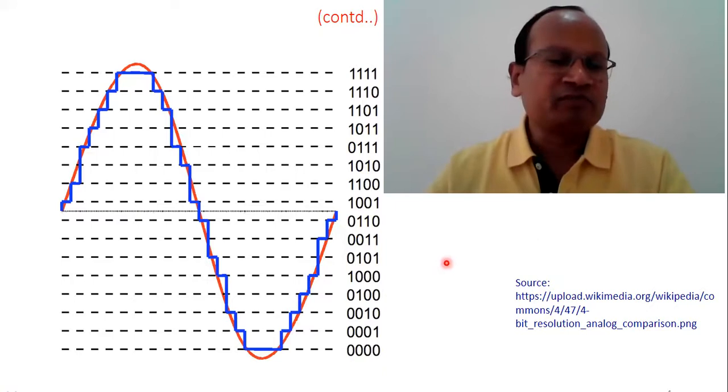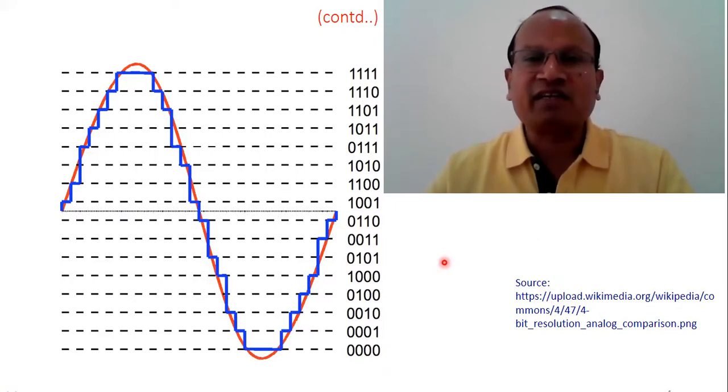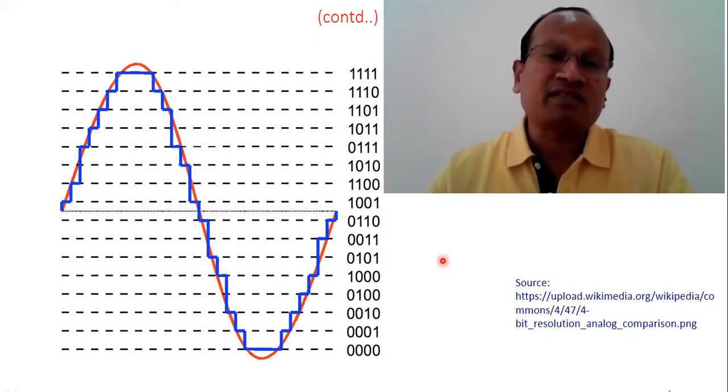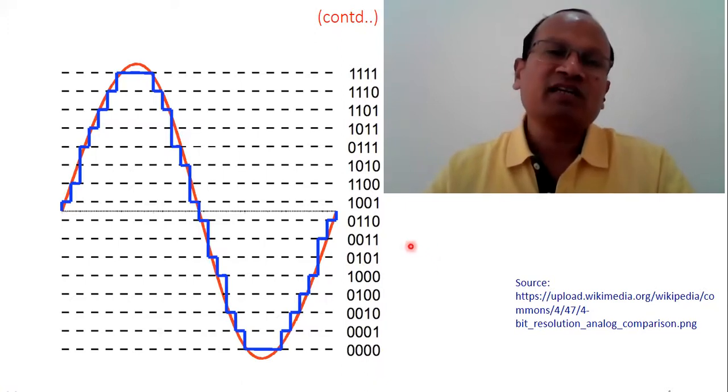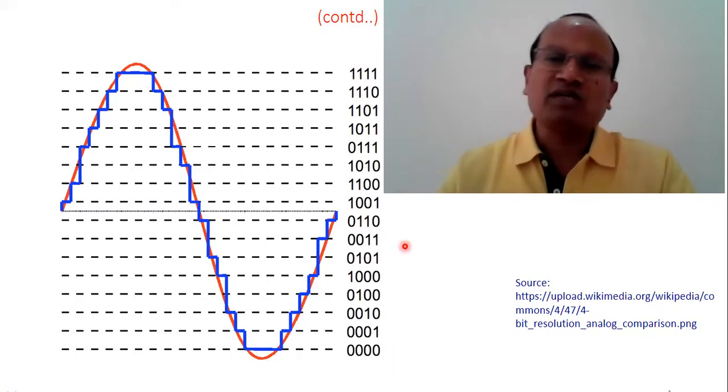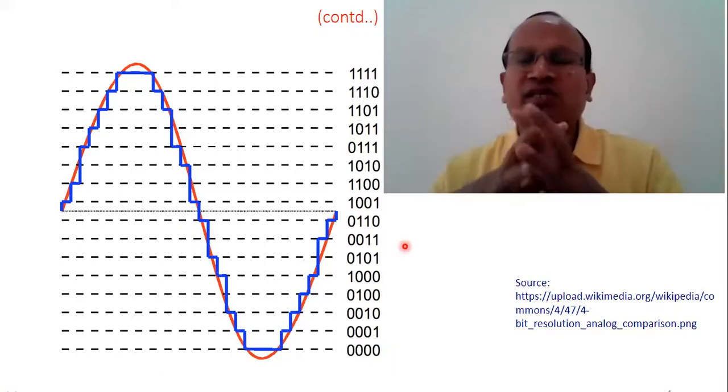Bandwidth is not cost effective. But when we are paying for more bandwidth, we are getting better signal quality, and with that reduced quantization noise. So this is all about PCM.